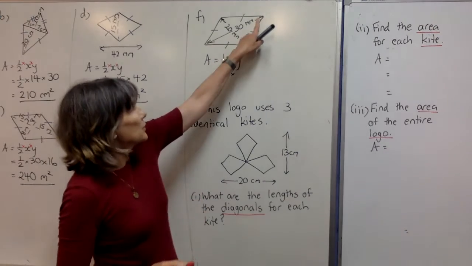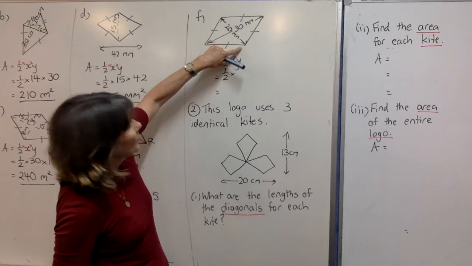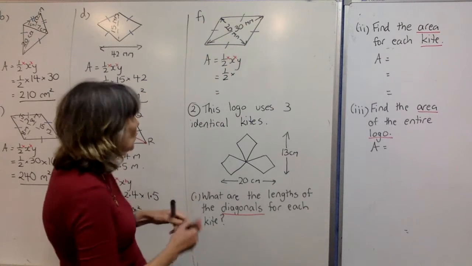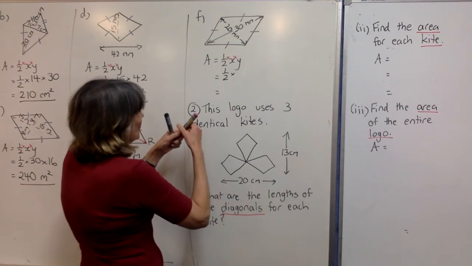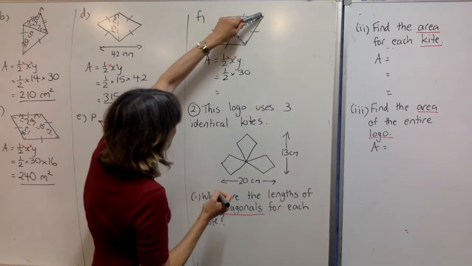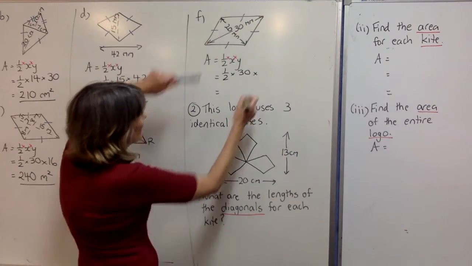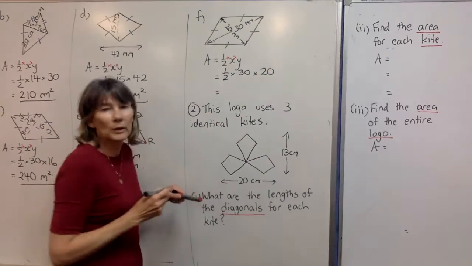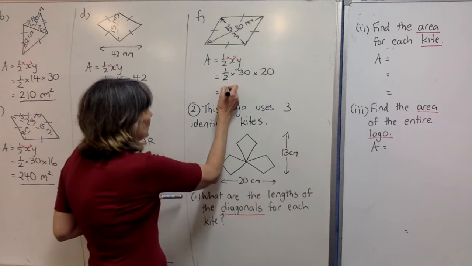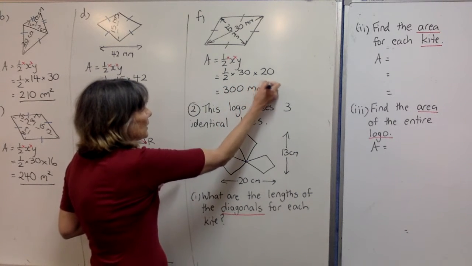This one's been given as 30, and this one, see the arrows, it takes you from here to here, in other words, it's showing you it's the whole length. So we can put in our 30 for our diagonal length from here to here, and 20 for our diagonal length from here to here. And if you put that in your calculator, you'll get 300, and it's in millimetres, and area it's squared.